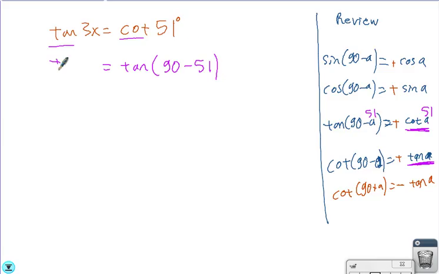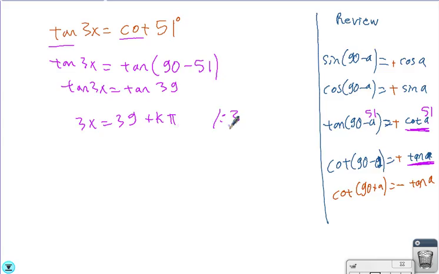So tangent of 3x. So right now we have tangent and tangent. So if we make a subtraction, tangent 3x is equal to tangent of 90 minus 51? 39 I think. So 3x is equal to 39 plus k pi. No, remember, divide by 3. 13 and k pi over 3.